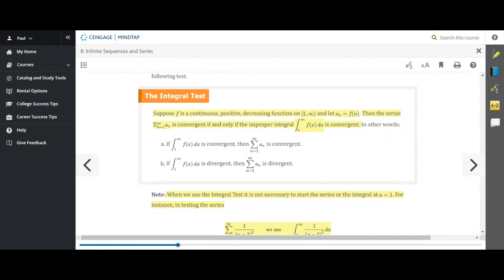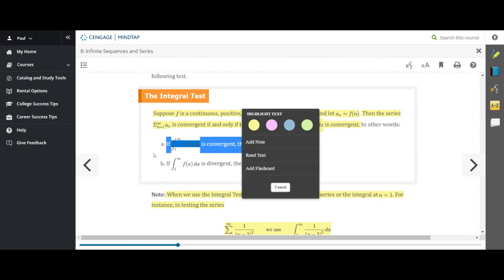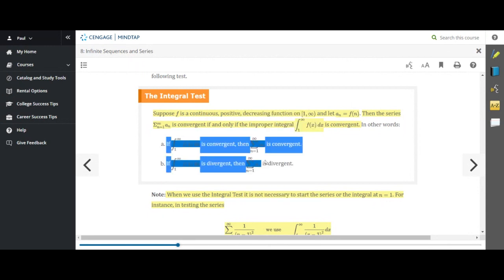Then the series a sub n is convergent if and only if the improper integral is convergent. An absolutely fascinating result.